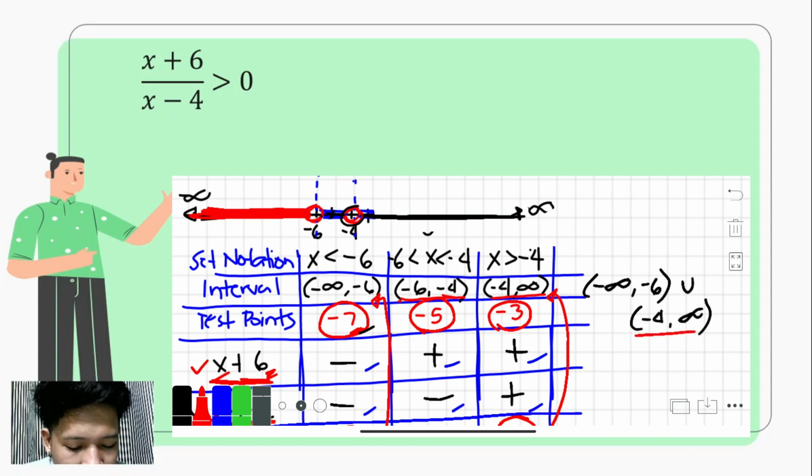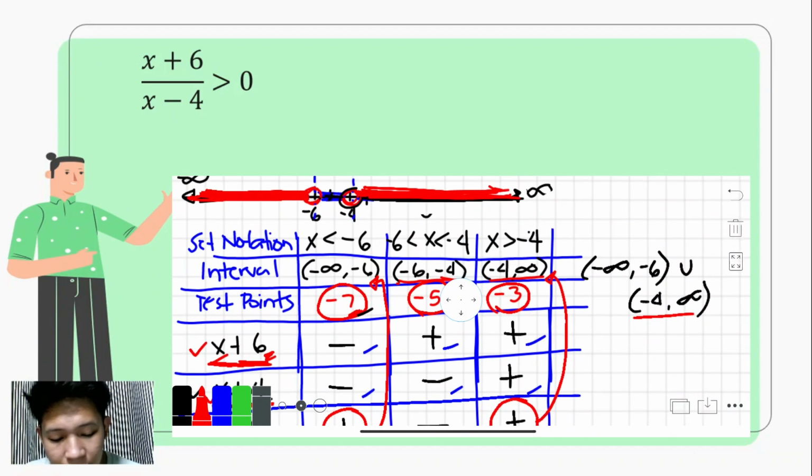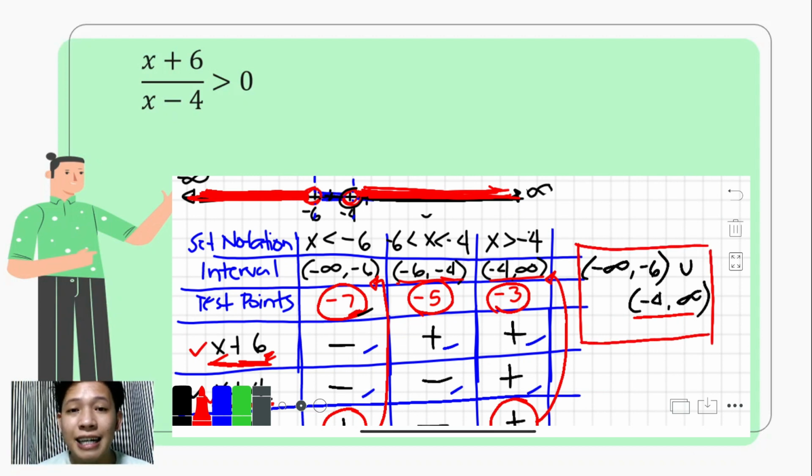So, ito po yung magiging shaded part. Hence, the solution to our rational inequality would be this one. Okay po? So, this would be our solution for problem number 1. Okay? So, medyo madali pa po siya. Okay? So, let us proceed with our next example.